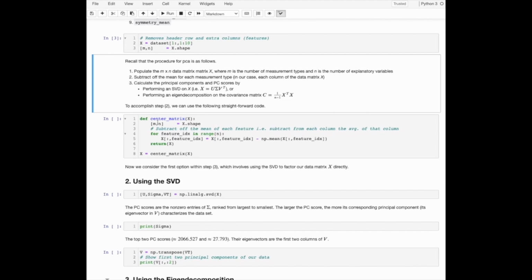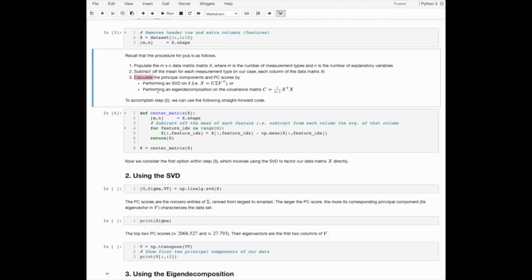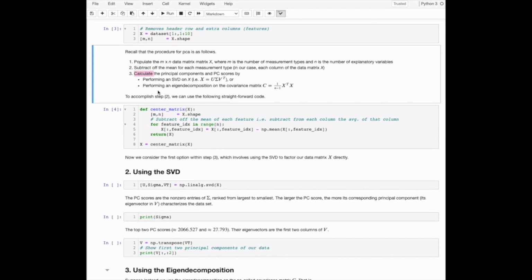We're going to calculate the principal components and PC scores, where we can recall that the principal components are the eigenvectors of the covariance matrix C, and the PC scores are the eigenvalues of the covariance matrix C square rooted. Now that we have options for which factorization should be used to achieve this eigeninformation, we can go through each process and see how it goes.